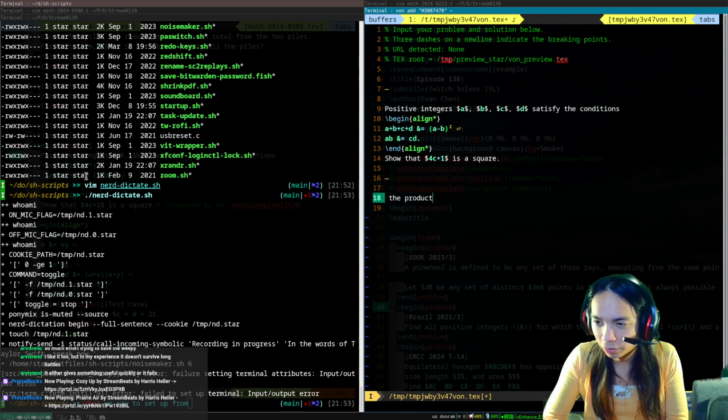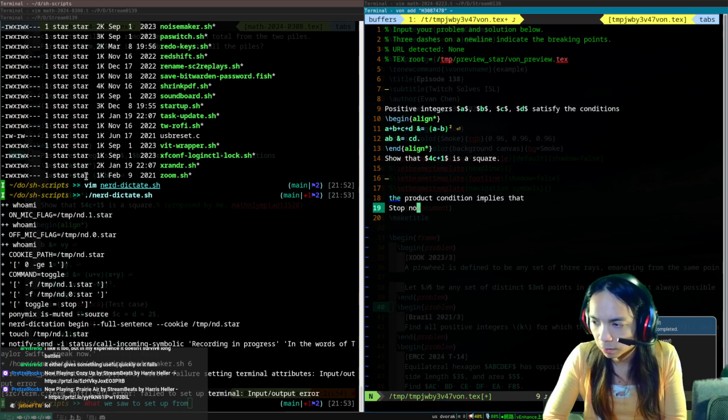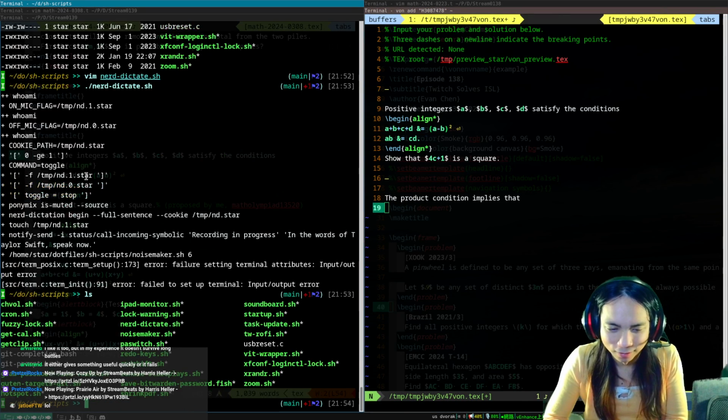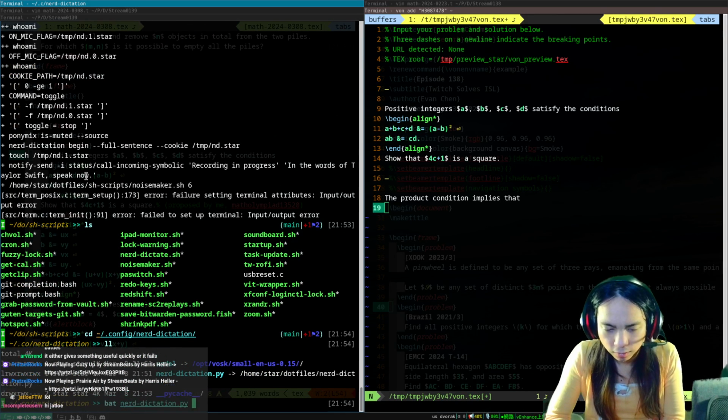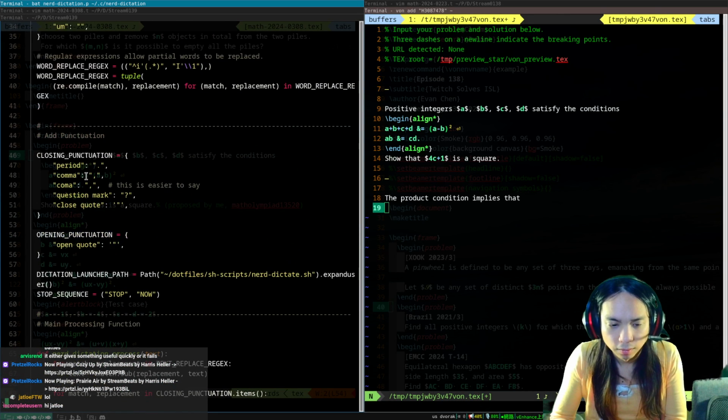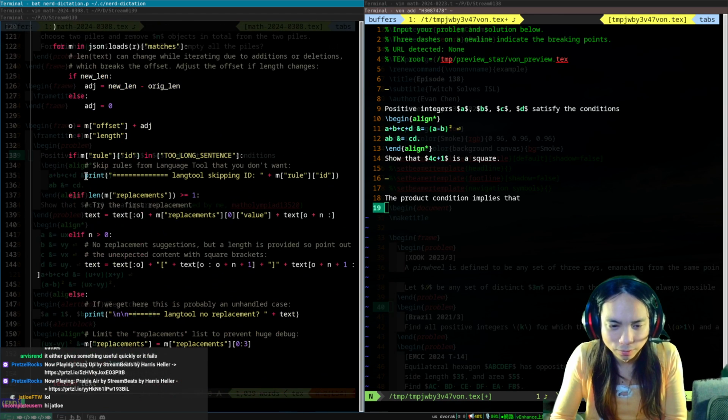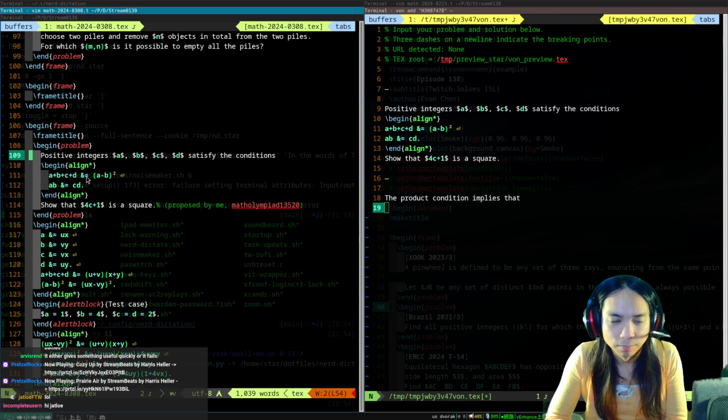The product condition implies that, paragraph stop now. Okay. Yeah, it's kind of working. I think I didn't set up the... Did I not set the stop now sequence? It doesn't matter.